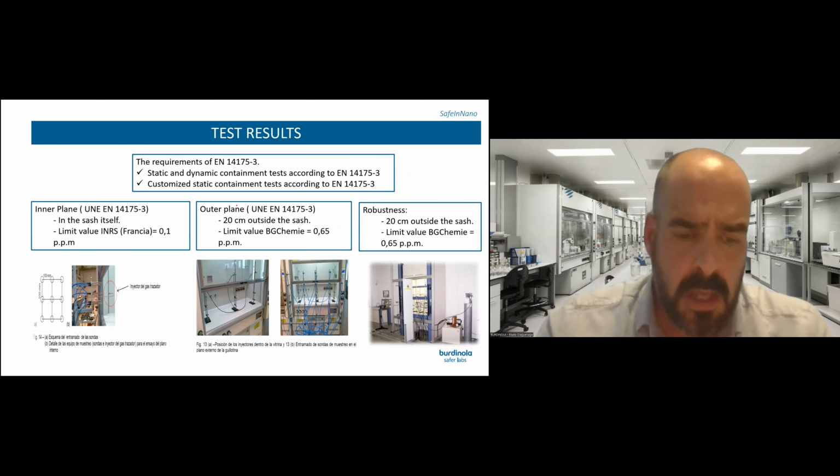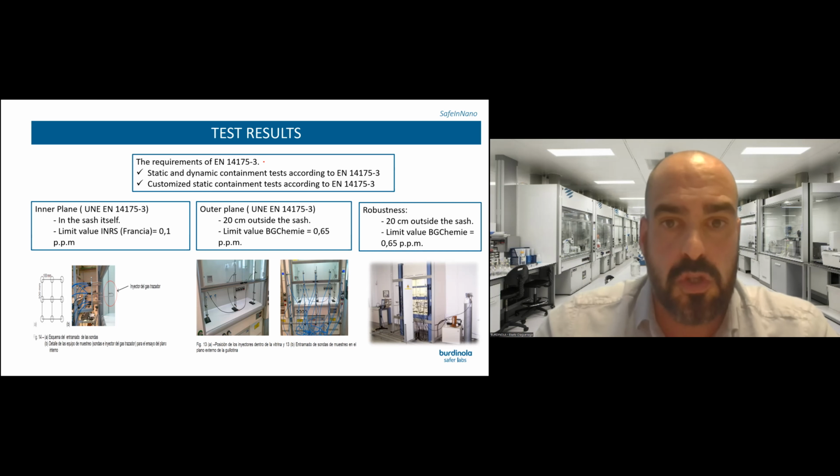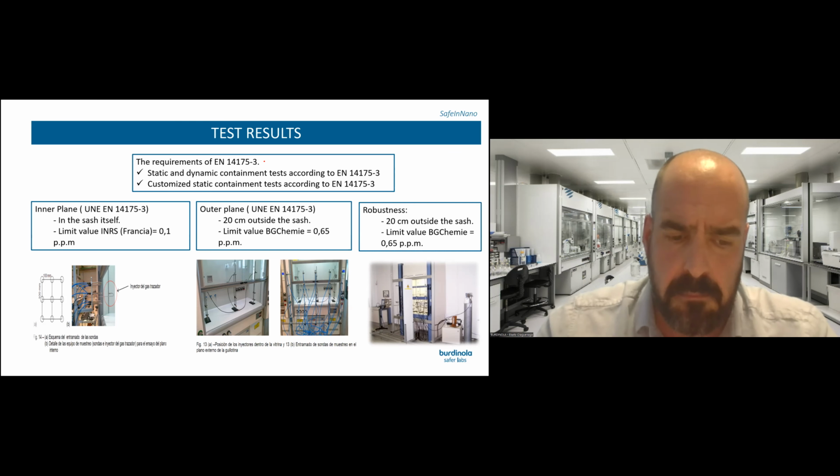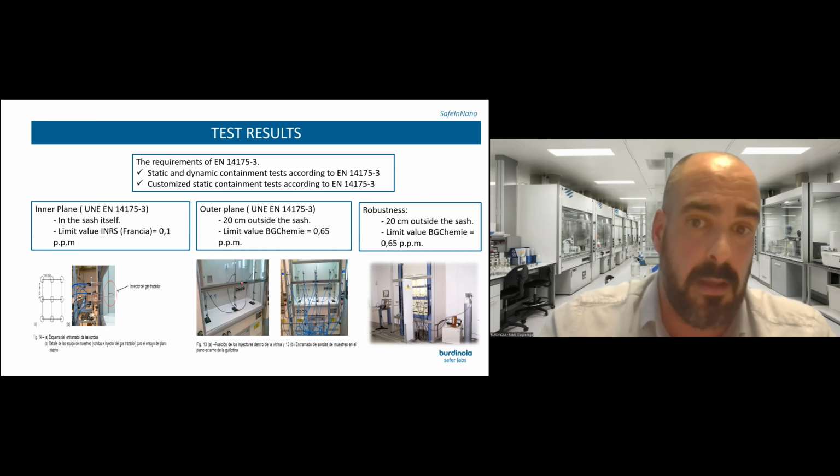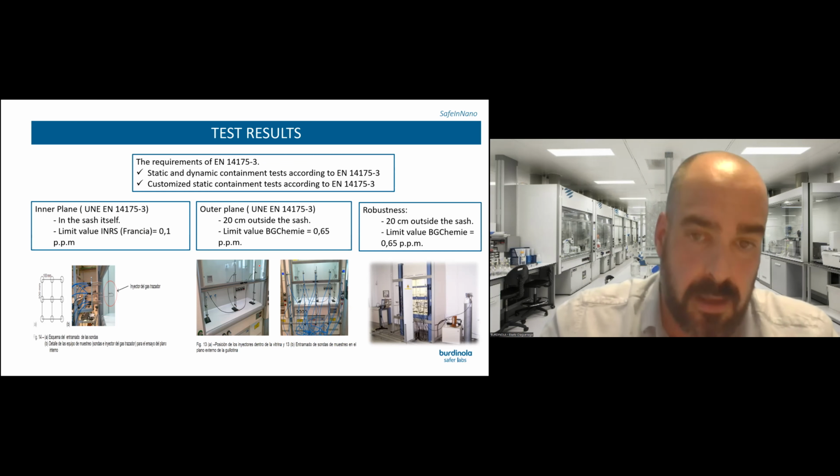In the tests that we use for fume hoods, there are basically two kinds of tests. The first is based on injecting SF6 gas inside the cabinet, in this case the nanochamber or a fume hood.